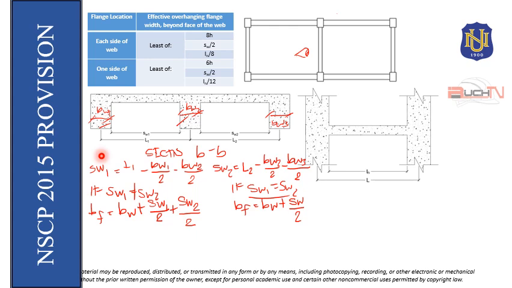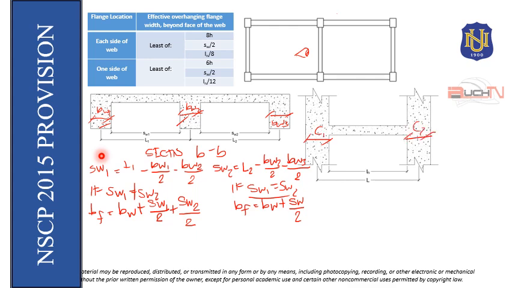So, si L sub N will be the clear span length. So, clear yung span length niya, which is ito. So, indicated din naman sa drawing, ito. So, since clear yung kailangan mo, kailangan natin ibawas yung sides ng support. So, let's say, kung column yan, this is C sub 1, then this is C sub 2.